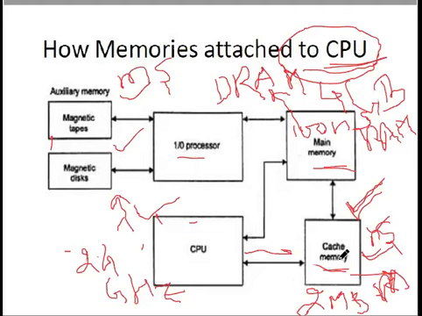Cache memory is known as static RAM, and main memory is known as dynamic RAM. Static RAM is faster as compared to dynamic RAM, and hence it is connected directly to the processor instead of the DRAM. It is faster and has lower access time as compared to DRAM, but both are RAMs.